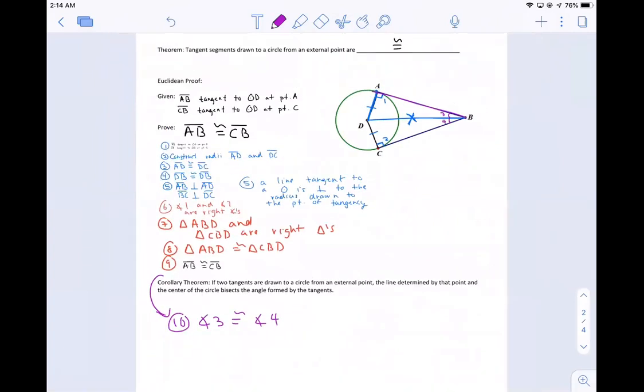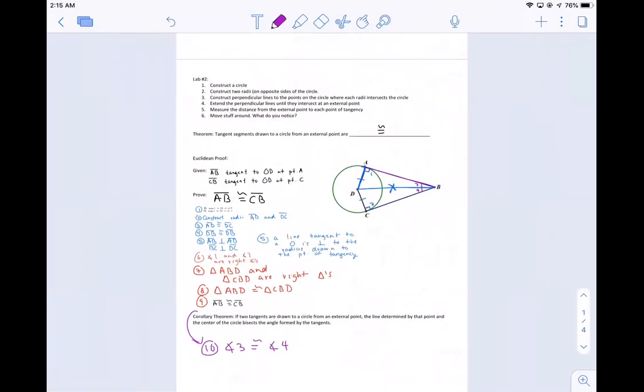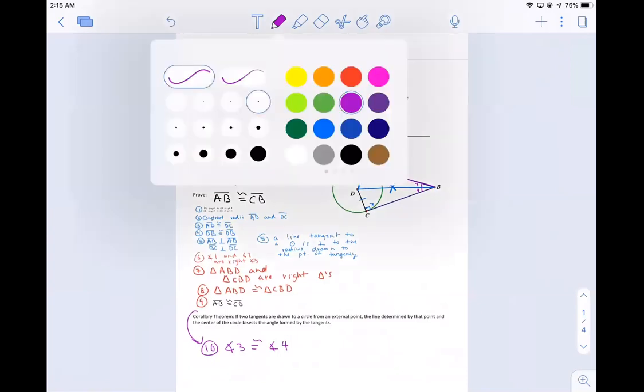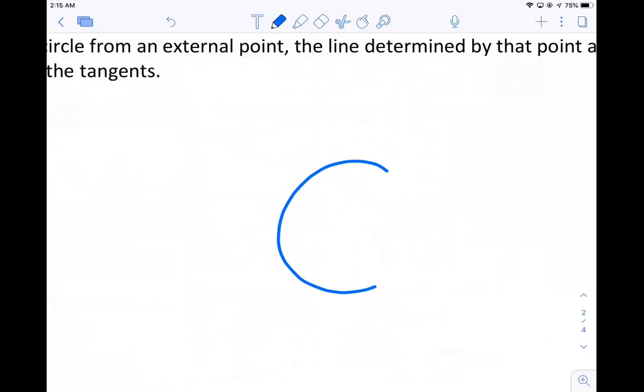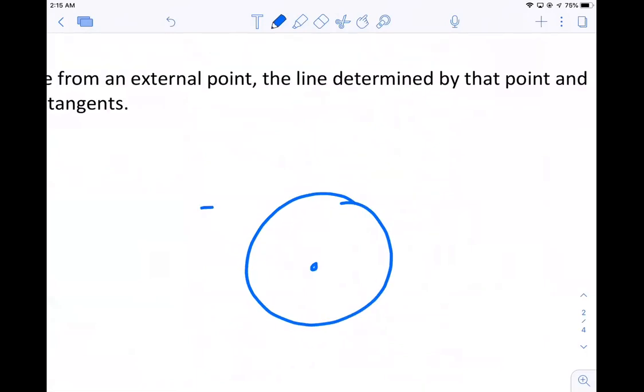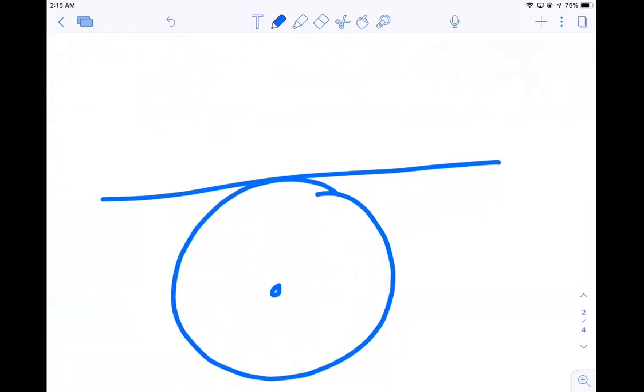So two properties you need to know, actually three by now. First, just to recap, if you have a circle and you draw a line tangent to it, that is going to be perpendicular to the radius drawn to that point of tangency.